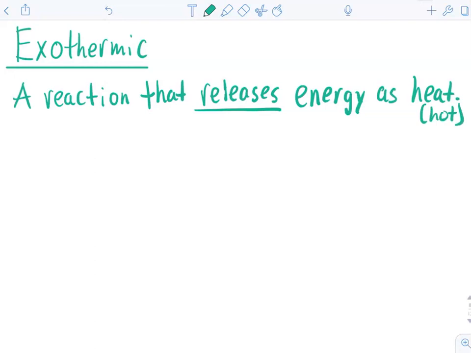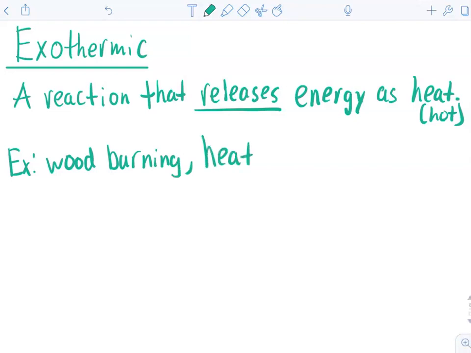So for example, wood burning, heat packs, so hot hands, whenever you break those, that is an exothermic reaction. If you have ever mixed yeast and hydrogen peroxide together, that gives off heat. That is an exothermic reaction. So I like to think of it as exo means exiting, so the heat is on the outside.